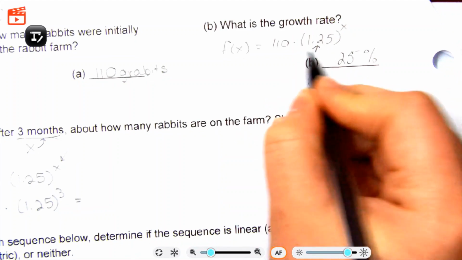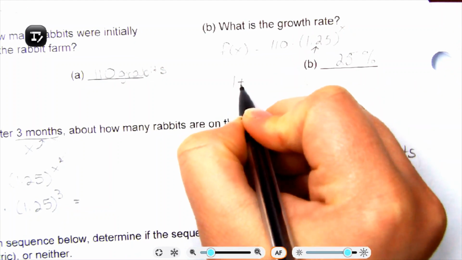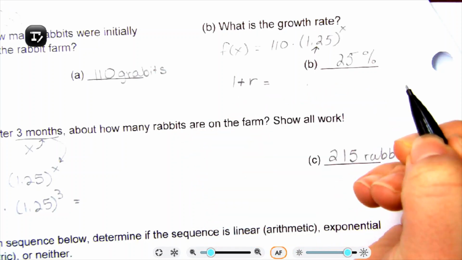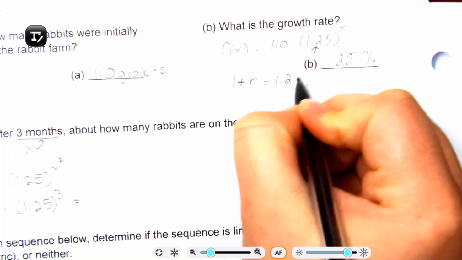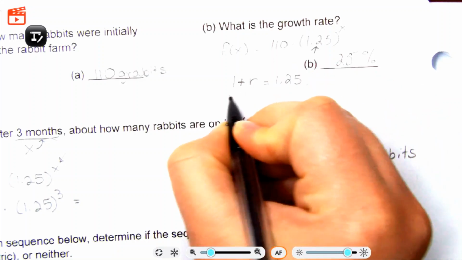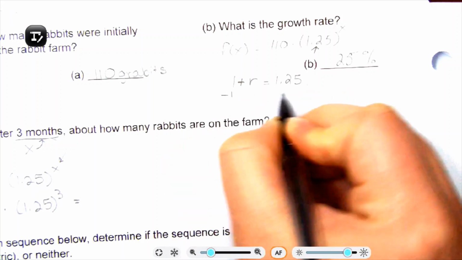So this right here, your growth rate, the formula is 1 plus r is equal to 1.25. To find your growth rate, you solve for r, so I'm going to subtract 1.